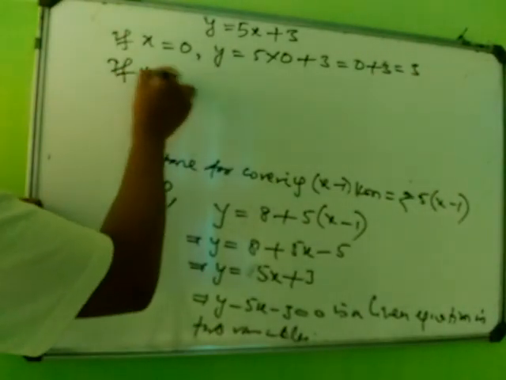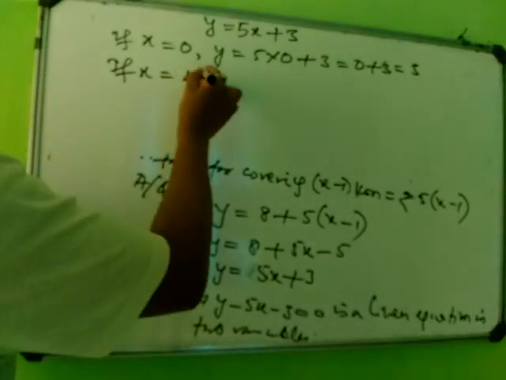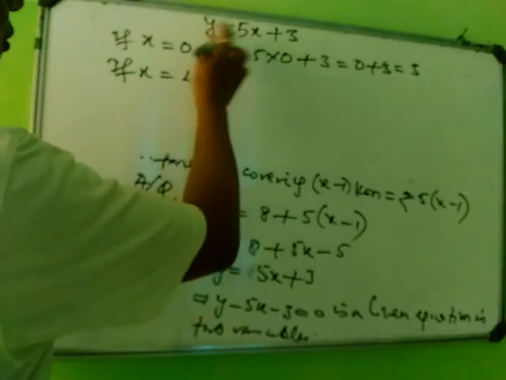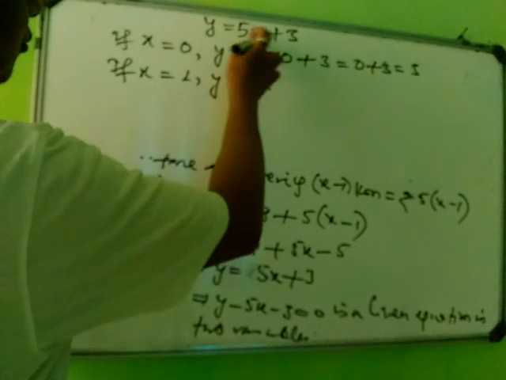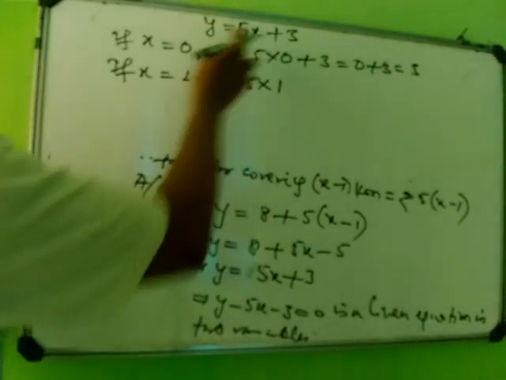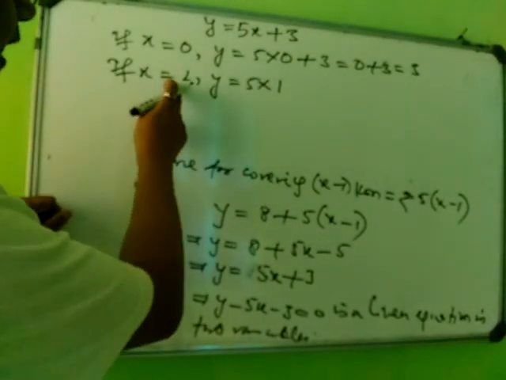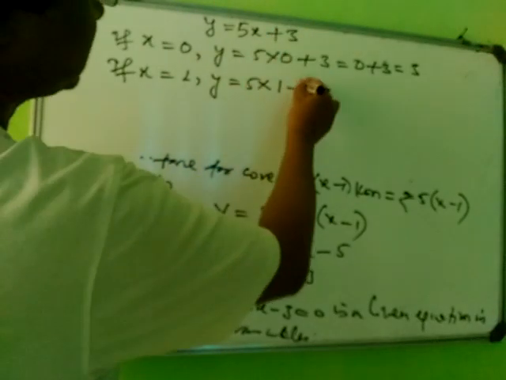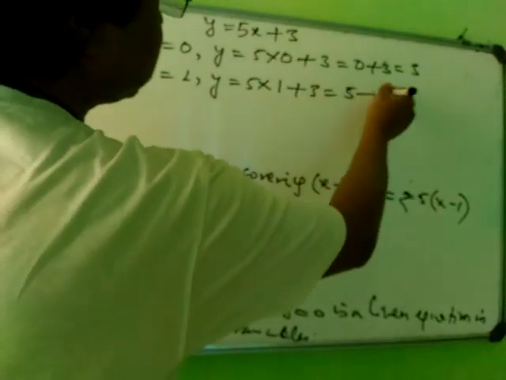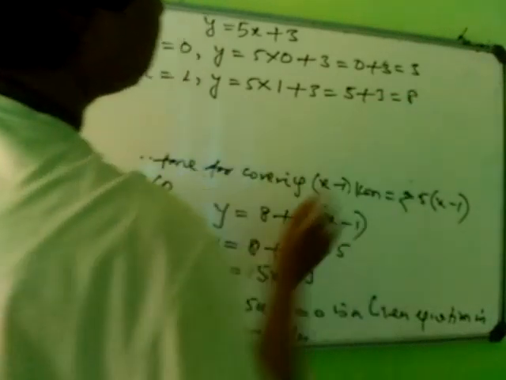Supposing x is 1, y is 5 into 1 plus 3, which is 5 plus 3 equals 8.